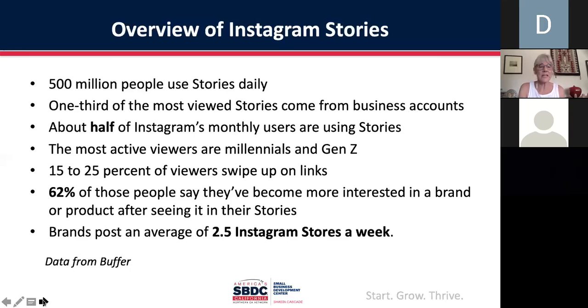And in order to have a swipe up feature, you have to have at least 10,000 followers. So there's a goal for you. I think I have 43. So I am well on my way to reaching that 10,000. And brands post on average 2.5 Instagram stories a week. I guess I have a little typo there. I better fix that.